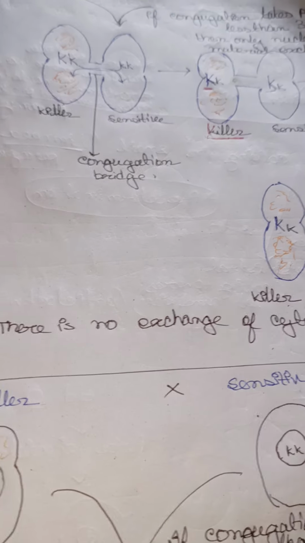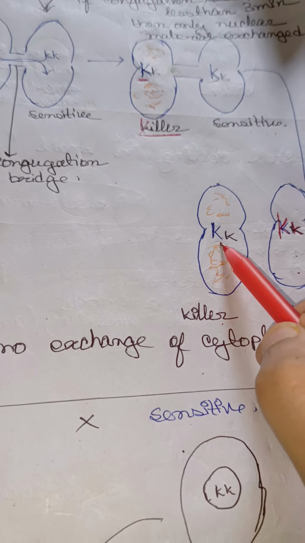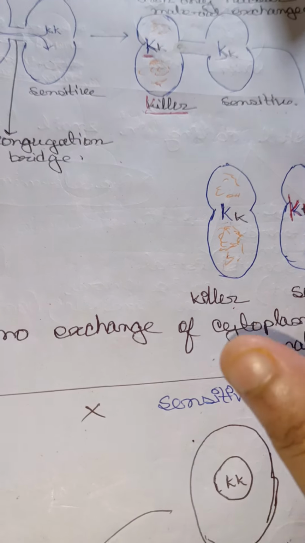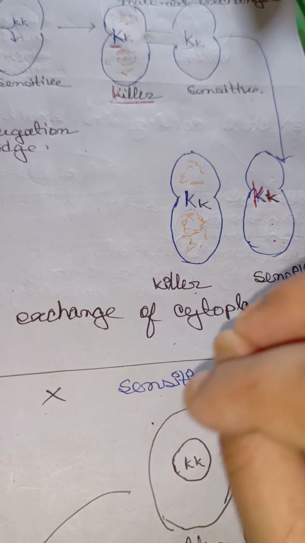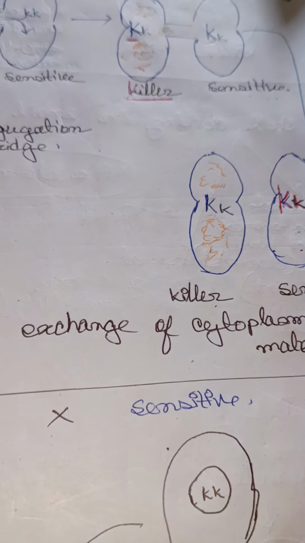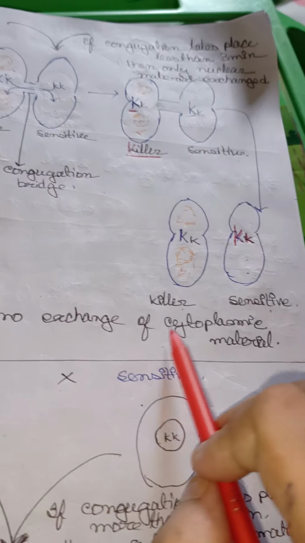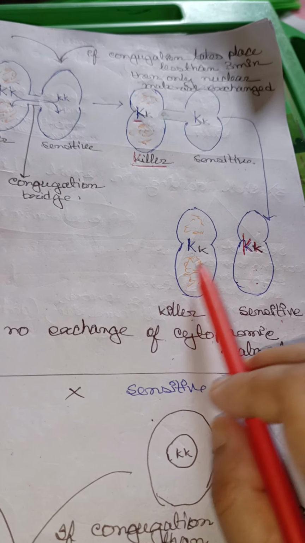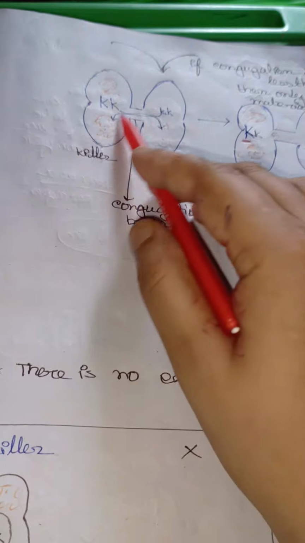So it is totally dependent on whether the kappa particle is coming in the cytoplasm or not. If kappa particle is not coming, then even though the K gene is present, it will not show the killer strand. So there is no exchange of cytoplasmic material. Here the cytoplasmic material is not exchanged, only the gene is exchanged.